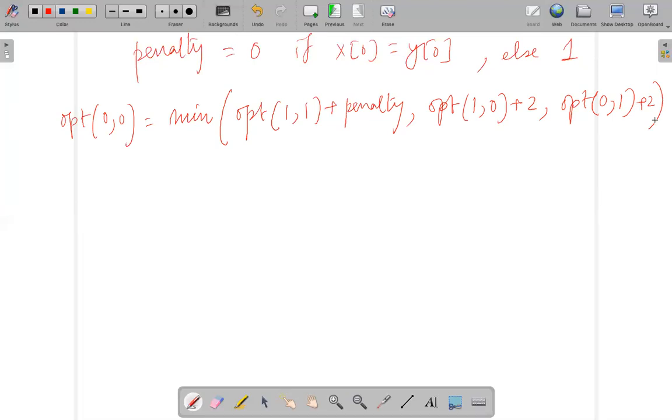And now this is not only true for 00. For any arbitrary ij, we can generalize this relationship.